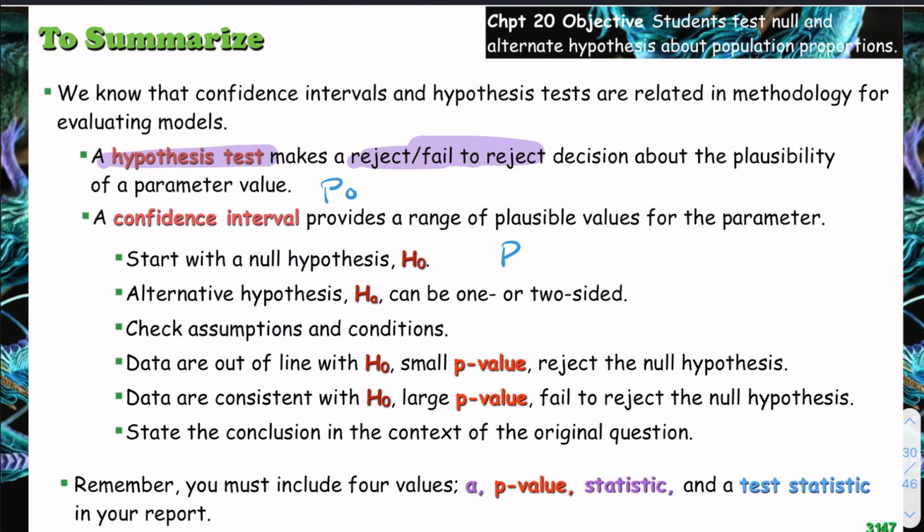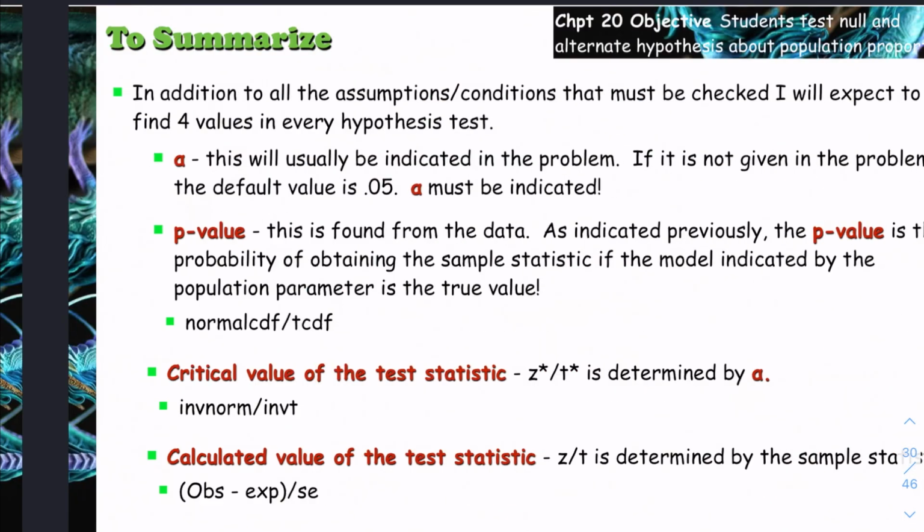And lastly, we're going to state our conclusion in context of the original question. So I do need you to include these values. We're going to include our alpha level, our p-value, our critical value, and our test statistic in your report.